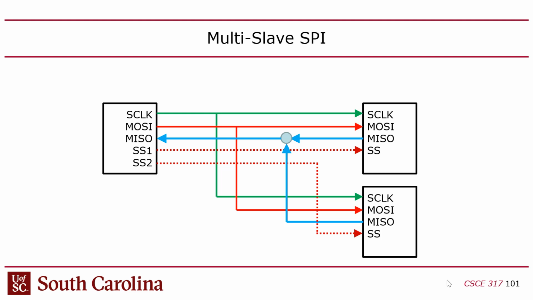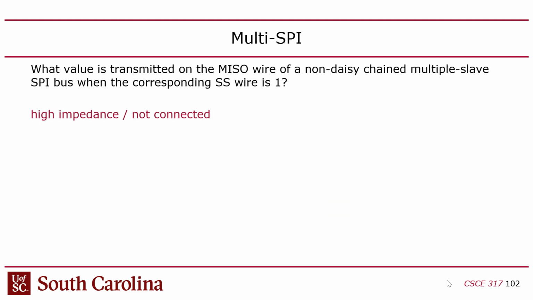You might say, why is that a problem? Well, it isn't necessarily a problem, but you have to be careful because there are some things to consider here. The assumption is that if you're communicating with one of the peripherals, the other one shouldn't be sending anything on that MISO, right?